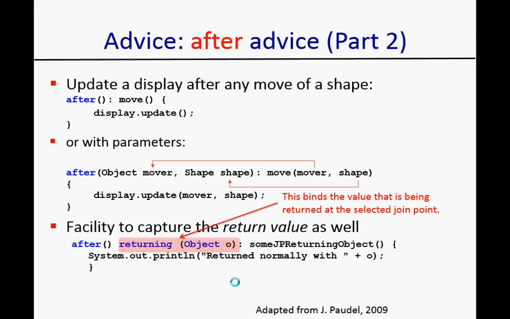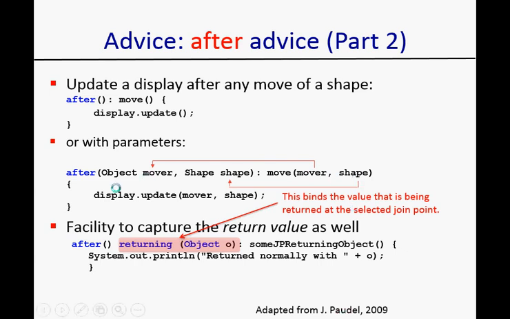Okay. So, ladies and gentlemen, here we might have a move, which is associated with a mover in a certain shape that is moved. And here, the mover is the thing that called this function on some object to be moved, some shape.